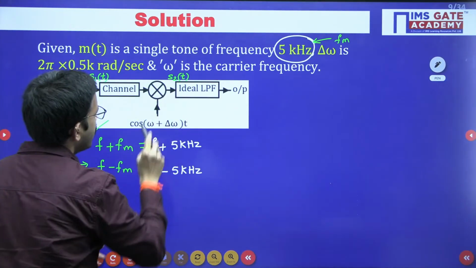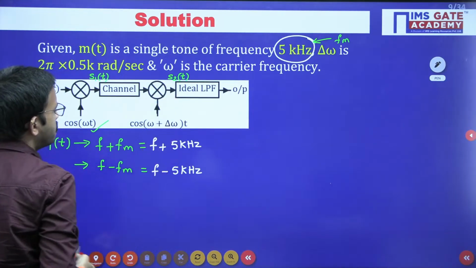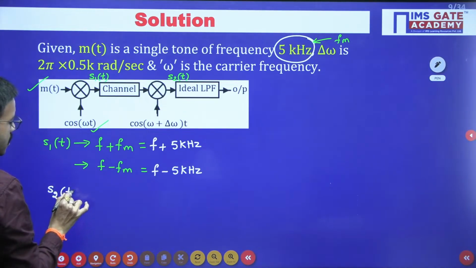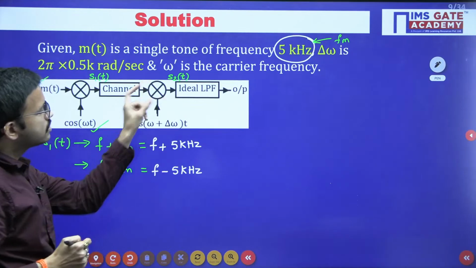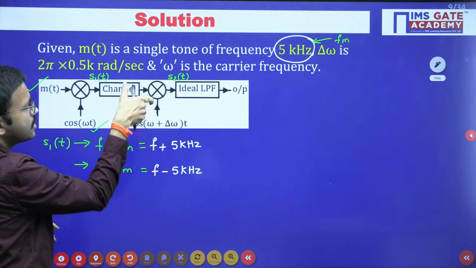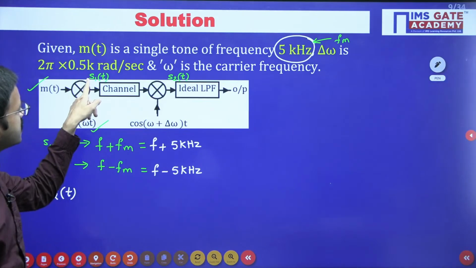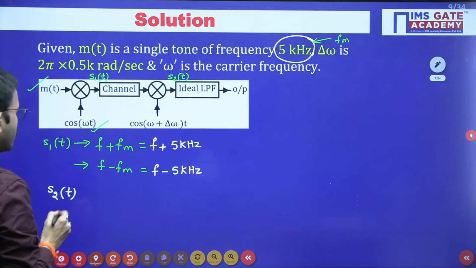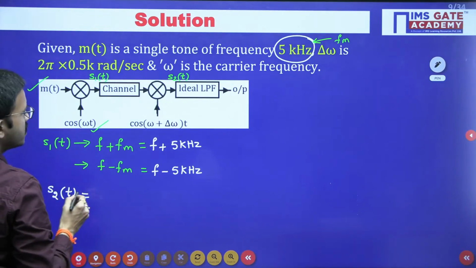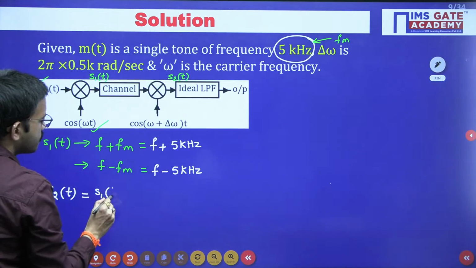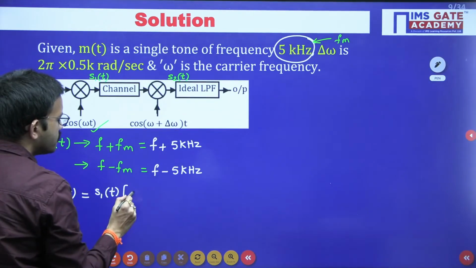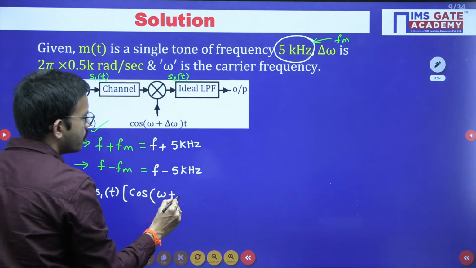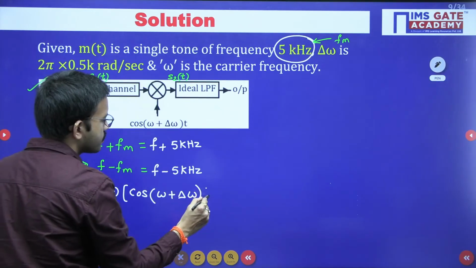Okay, no problem. Now at the second multiplier, we get one signal which is the product of these two signals. One signal is S1 of t, another signal is cos of omega plus delta omega t. For reference, S2 of t is nothing but S1 of t into cos of omega plus delta omega t.